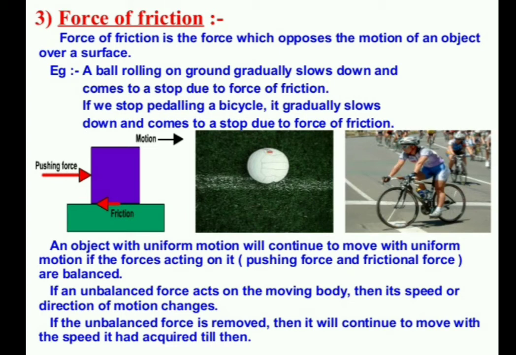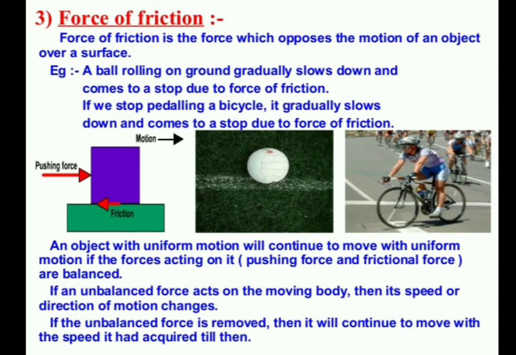After a few seconds, the ball stops because one more force is acting on the ball in the opposite direction. Which one is the opposite force? That is the ground. The ball is moving in one direction, and the ground applies force in the opposite direction. See here in the figure, motion and friction, pushing on the ground.